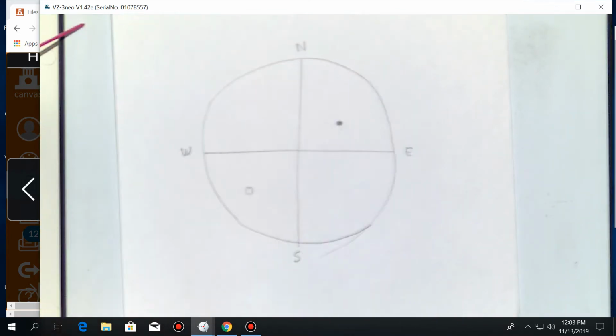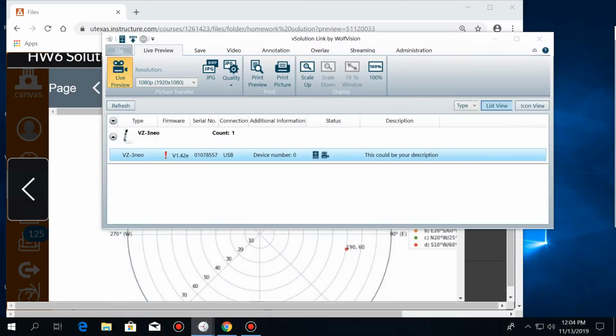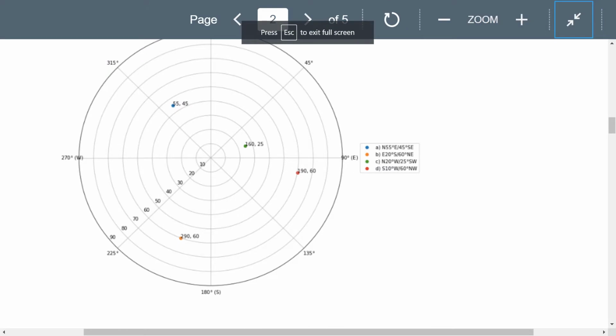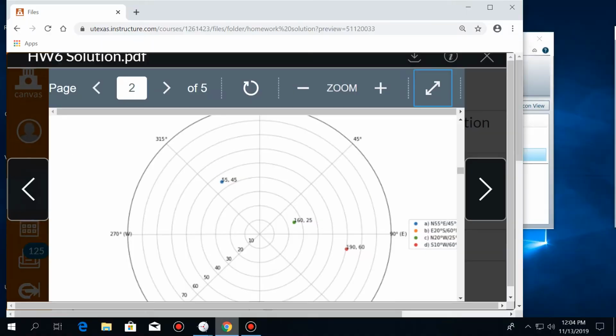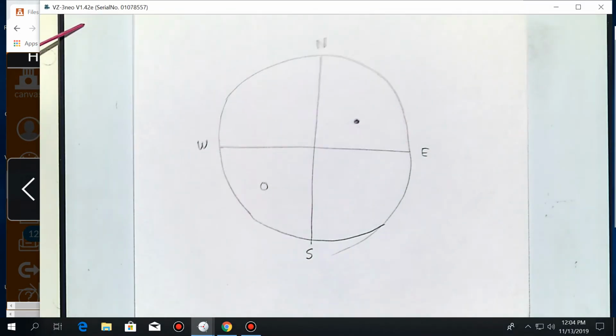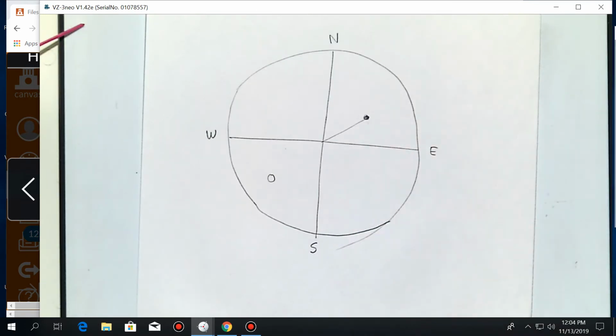Okay, so it is important that you know how to go from a strike and dip to stereo net, and also that you know how to go the inverse way from the stereo net to strike and dip. And in order to do that, for example, if I wanted to get the strike out of here, for example from this one, all you do is trace a perpendicular line.